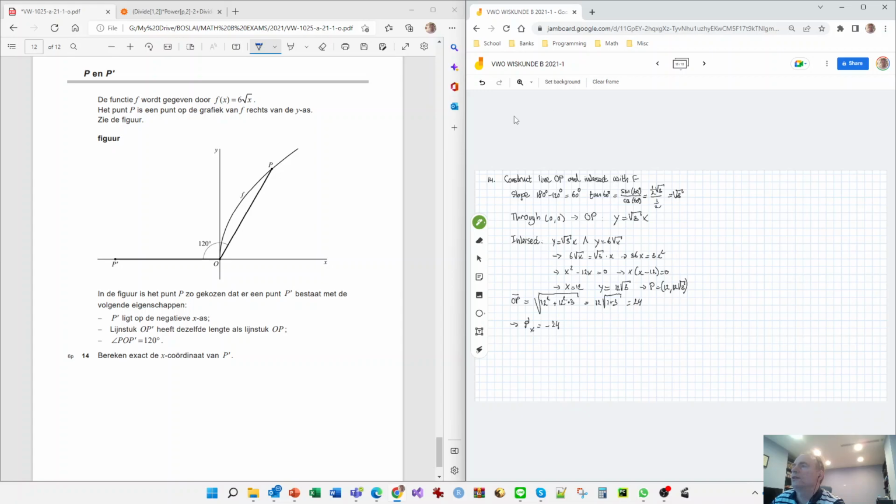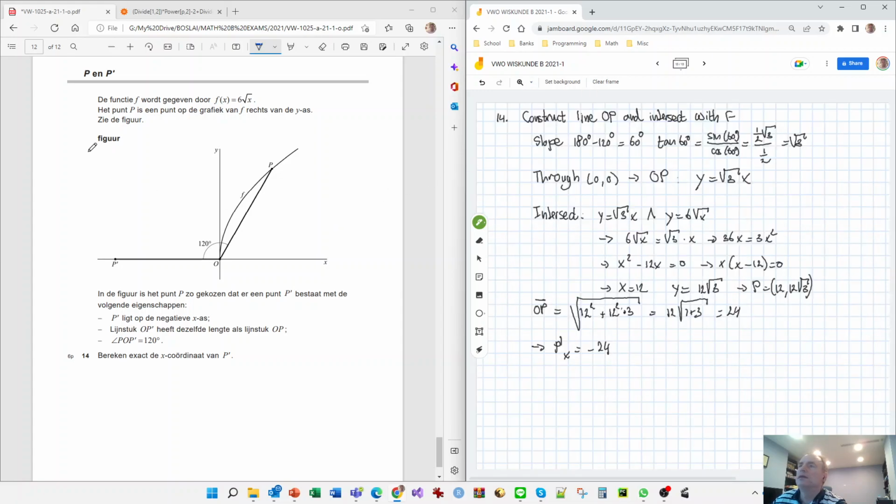Actually, the last question, guys. We have a function 6 times the square root of x. Point P is on the graph to the right of the y-axis. Okay.